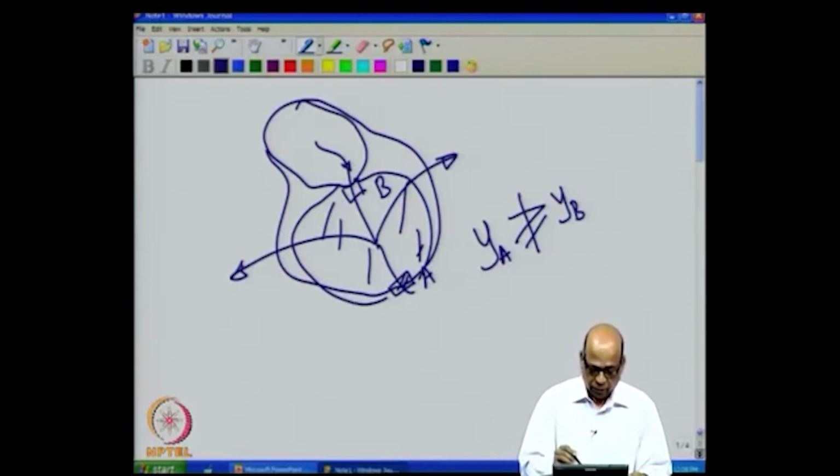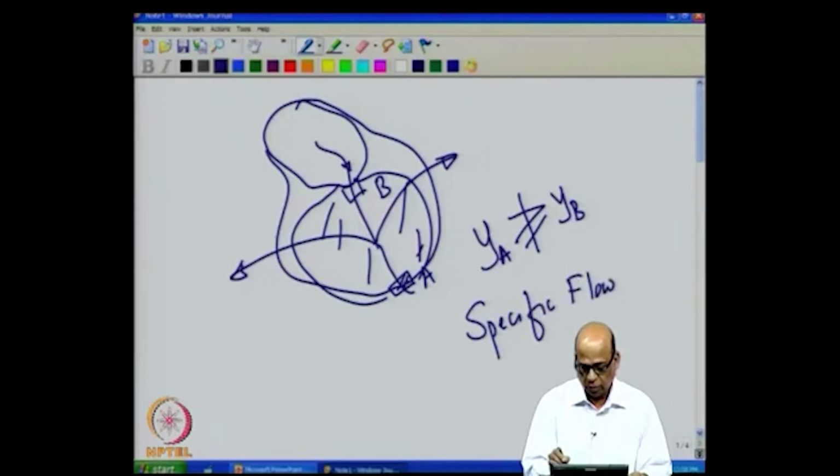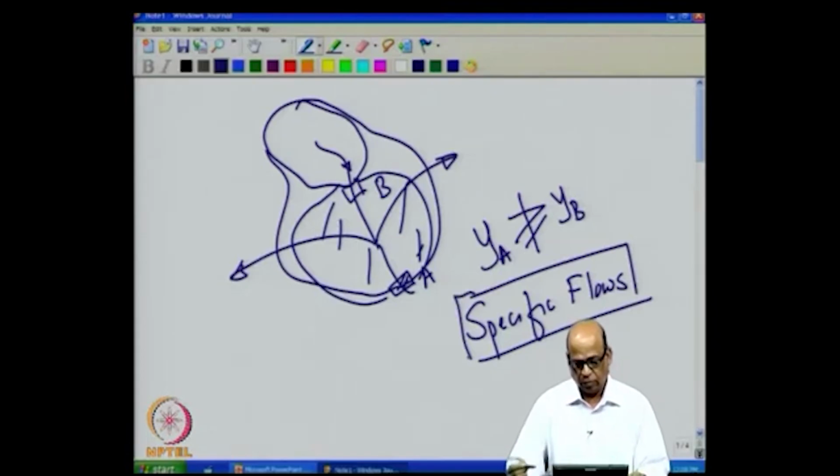The other part that I mentioned in the last class is what are called the specific flows. This is a concept that we often use in India for checking consistency when we are talking about large water resource systems.